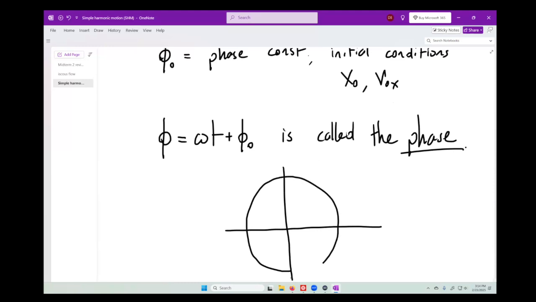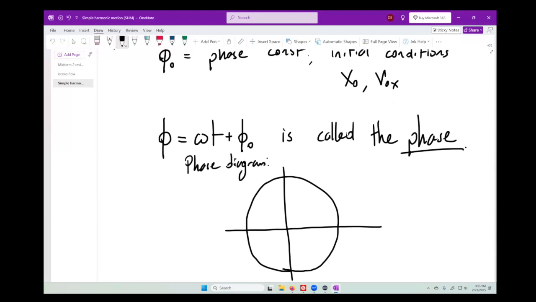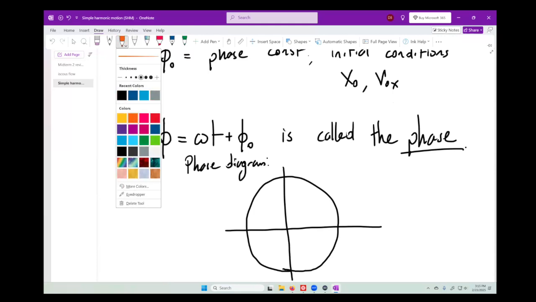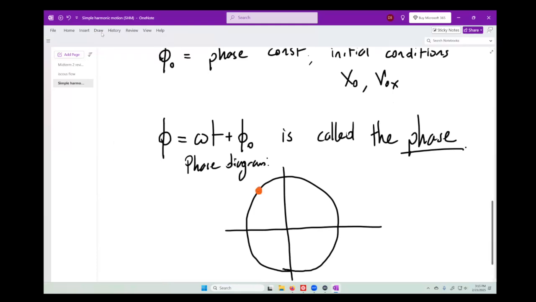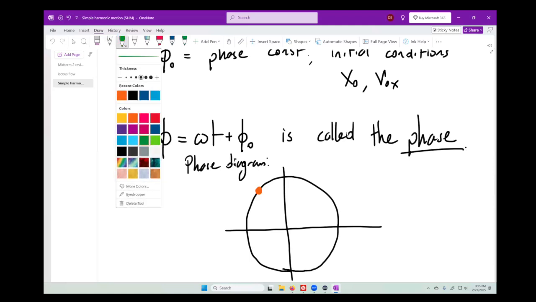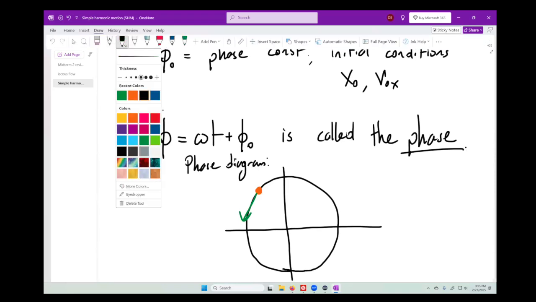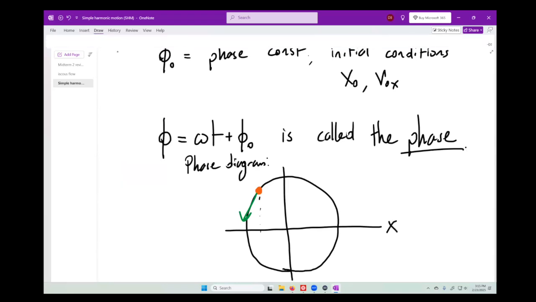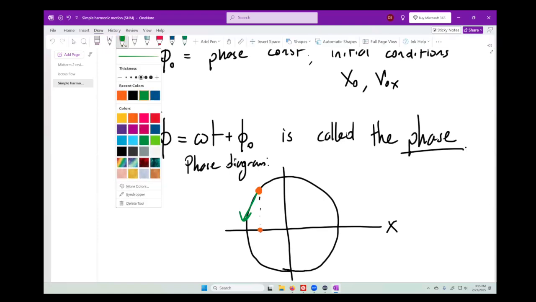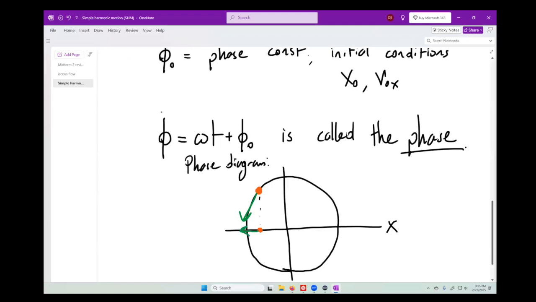We have this picture where we can draw what we call a phase diagram, where we have a point moving around in uniform circular motion, moving around counterclockwise. And if we project that motion down to the x-axis, then we get simple harmonic motion.